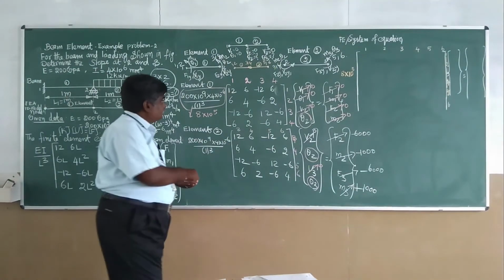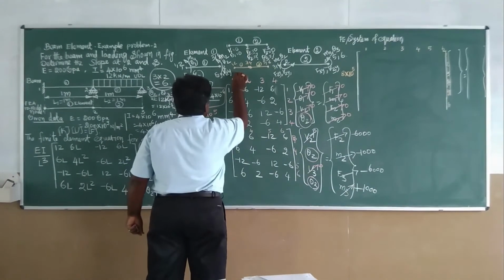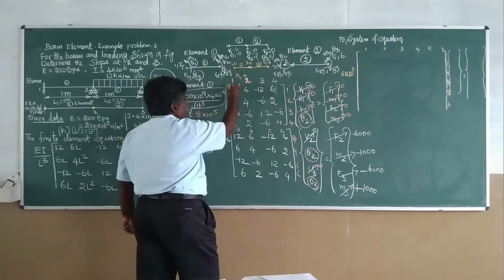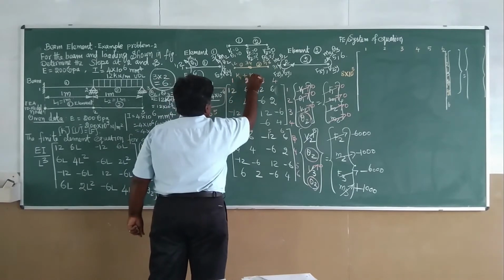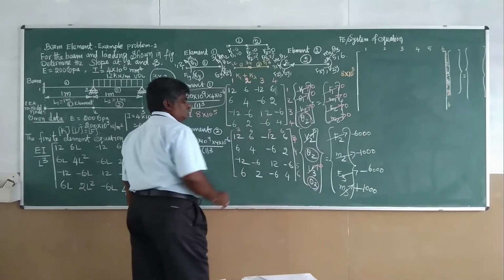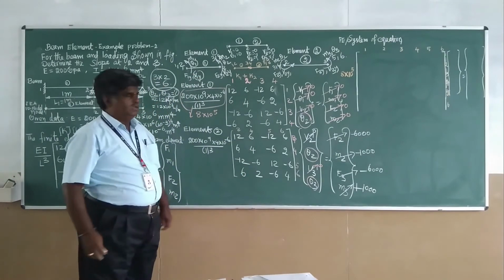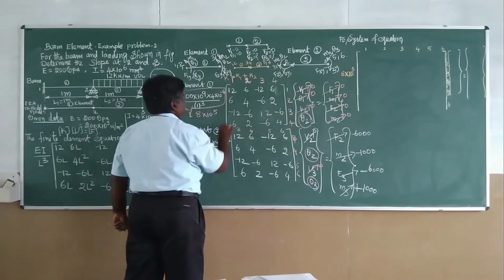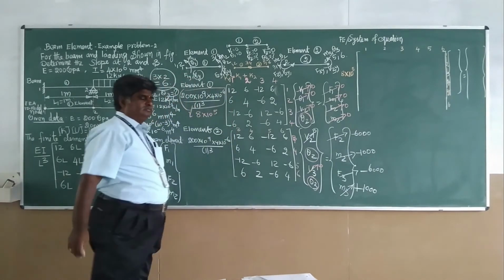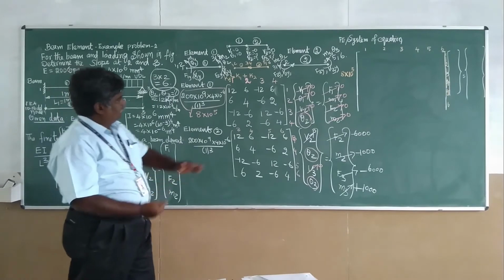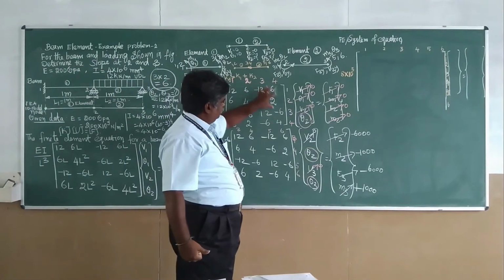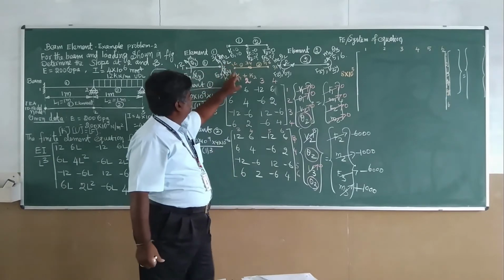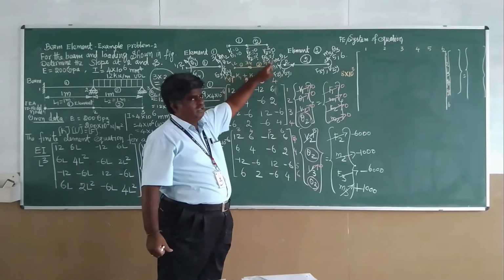The next step we have to make a global stiffness matrix. That is, we have stiffness matrix K1 for element 1, stiffness matrix for element 2 is K2. We have to formulate a global stiffness matrix, that is KG. So before that, each nodal point will have 2 degrees of freedom, so number them 1, 2, 3, 4, 5 and 6.